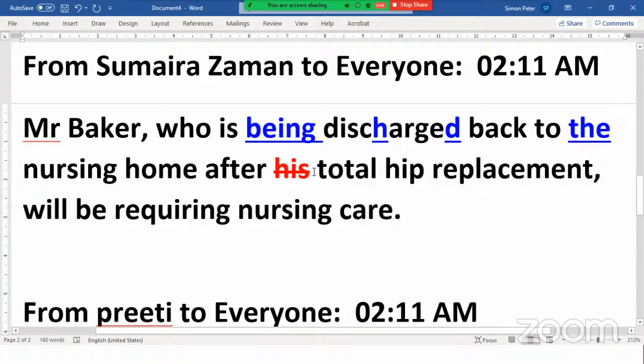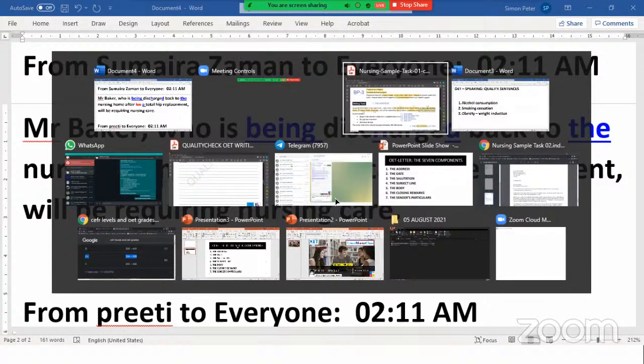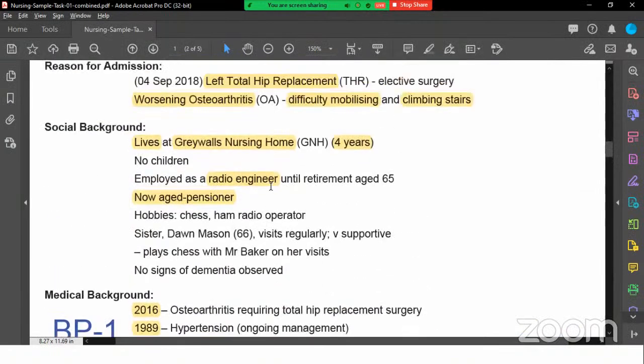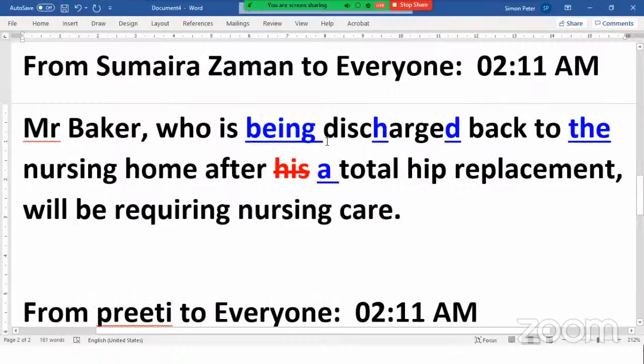After a replacement, left total hip replacement, left. Which hip? Left or right? Why did you miss that valuable information?